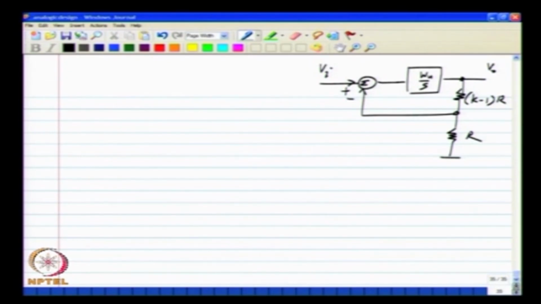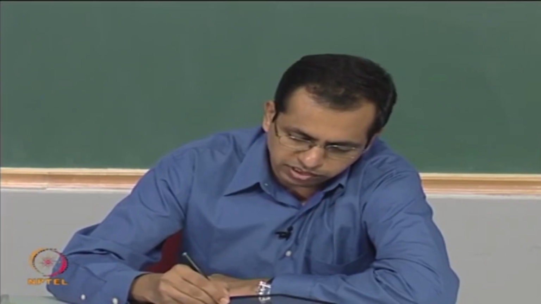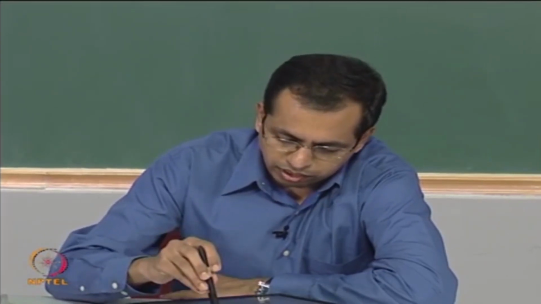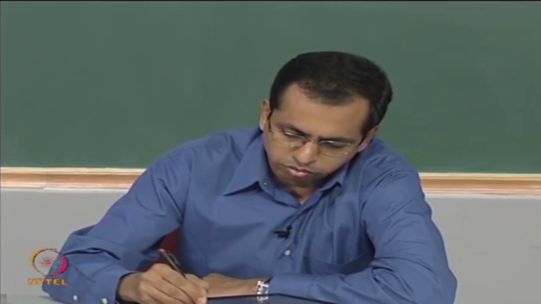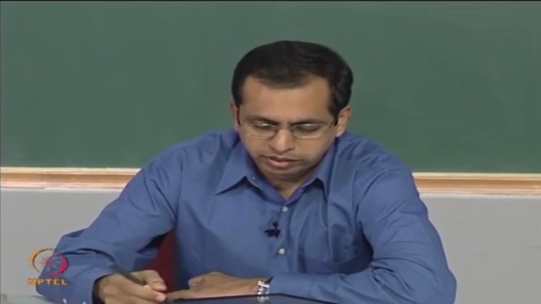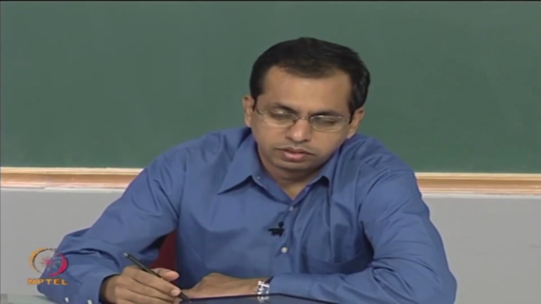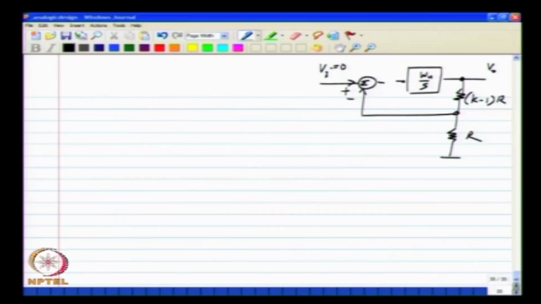Okay. And then in this case we are interested in what is happening inside the loop. So, we may as well set the input to 0 and we break the loop somewhere. It actually does not matter where you break it, as long as it is the loop that you are breaking, and you apply something here and see what comes back here, and the ratio of the two, we return by V test, is given by some minus L of s.